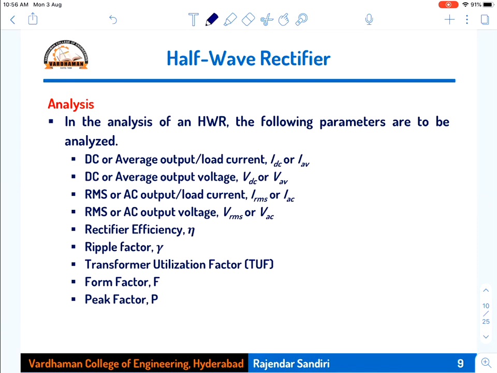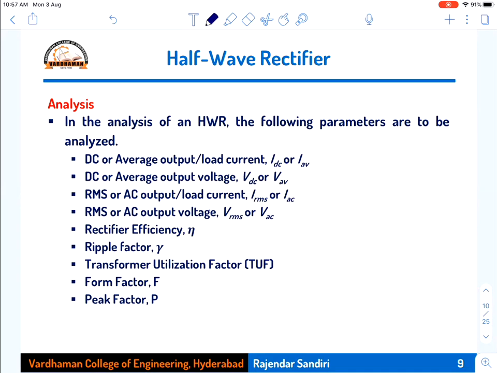In this process of converting AC to pulsating DC, we have to calculate certain parameters which decide the quality of the output produced by the half wave rectifier. That means how much DC content is there, how much AC content is there, what is the efficiency of converting AC to DC, and all those parameters we have to calculate for a half wave rectifier.